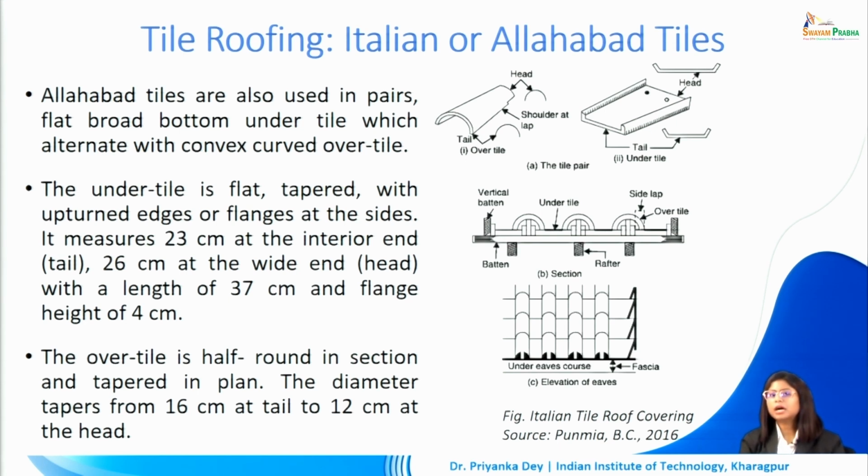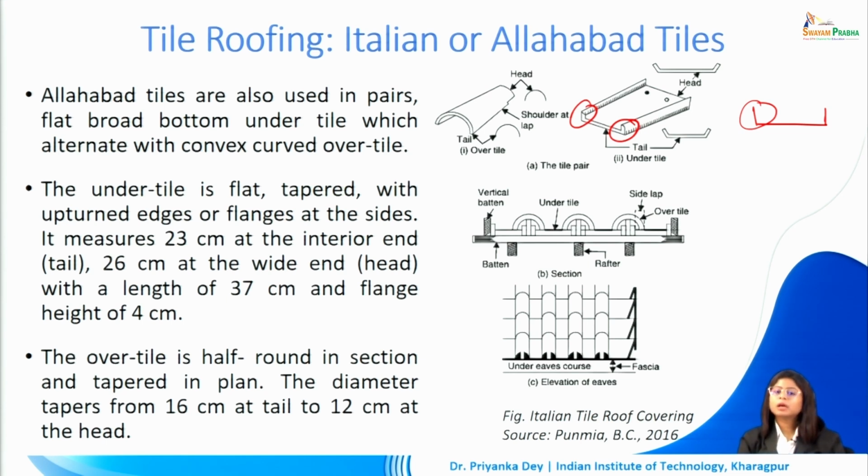Now the under tile is flat, tapered with upturned edges, that is, slightly turned upwards at the ends, and it measures 23 centimeter at the tail end and 26 centimeter at the head end, with a length of 37 centimeter and flange height of 4 centimeter.